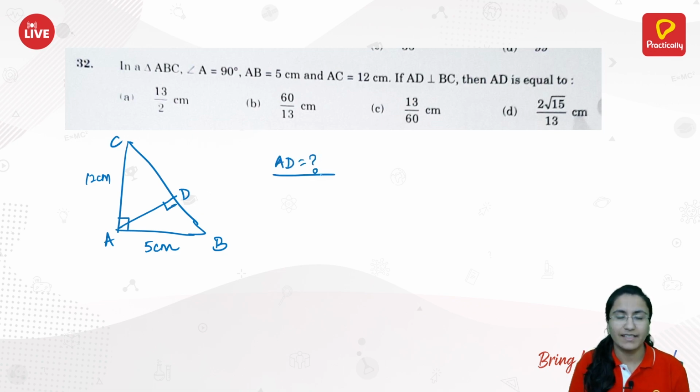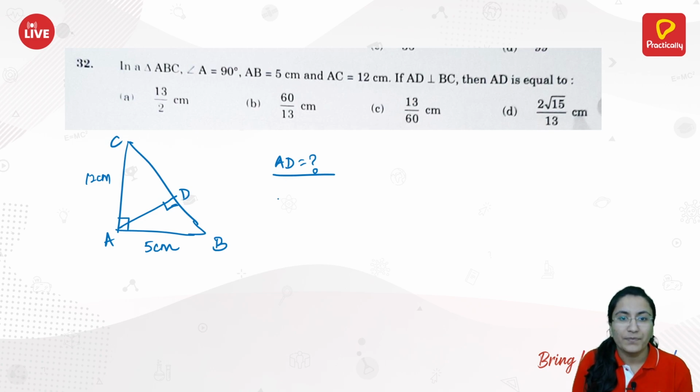Okay. Let's just find how we can find this. Basically, we would find the area of this triangle ABC by taking two ways. How? Once consider BC as the base and AD as the height, and then consider AB as the base and AC as the height. From both the ways, the area you are calculating is for triangle ABC, right? So the area would be the same. That would relate AD with other sides of the triangle, right?